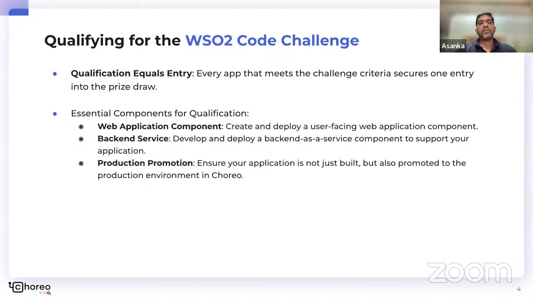The other requirement is that both of these components must be running in the production environment. Those are the 3 simple requirements. If you do these 3 things, like we did in the previous community call, you will get 1 entry to the prize draw.